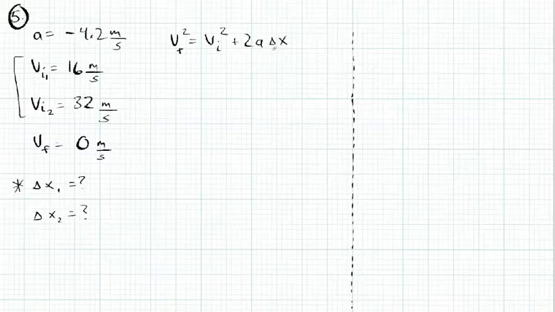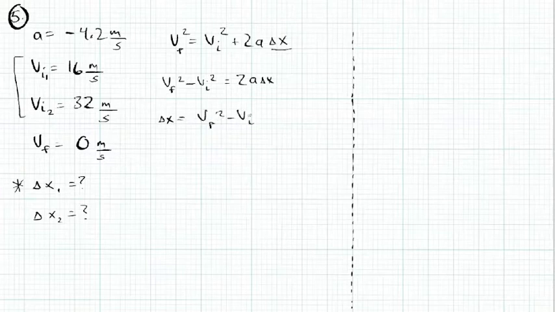To solve for delta x, we can move the vi squared to the other side, so it's vf squared minus vi squared equals 2 times a times the displacement. Then if we divide both sides by 2a, our displacement, or the stopping distance, is going to be vf squared minus vi squared all over 2a.